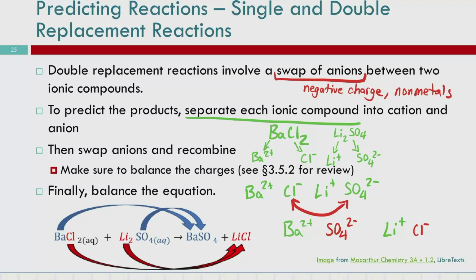And then to figure out how those recombine, we can crisscross and simplify, or we can add them straight together since they are the same magnitude of charges, just opposites. So barium is a 2+, sulfate's a 2-. Those will cancel each other out. Lithium is a 1+, chloride's a 1-. Those will also cancel each other out, so we can add those together.